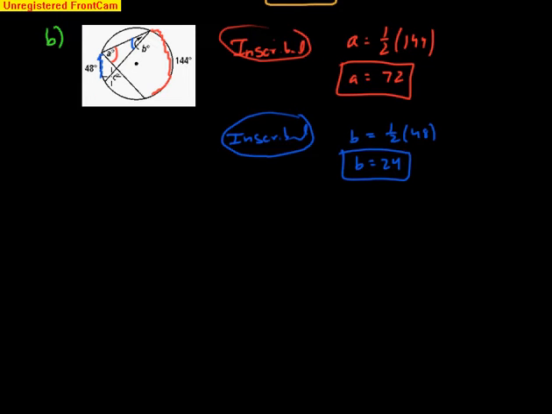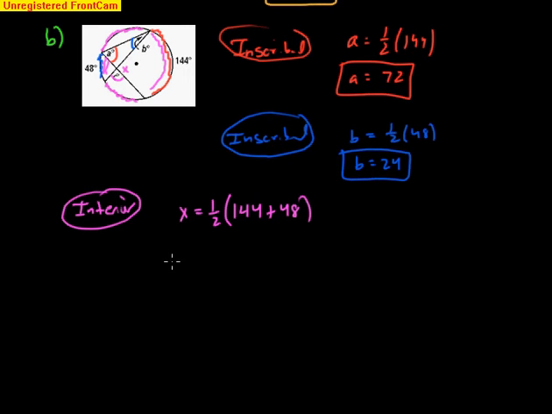And now C is the tricky one, because C is here. C is an interior angle. So it's going to be half the sum. But notice that for C, we would need this arc and its vertical arc, which we do not have. Let's call this angle x. We know x's arcs are 144 and 48. Let's find them first. X equals half the sum of its arc, 144, plus its vertical angle's arc, 48. And when you do this in your calculator, 144 plus 48 is 192, and half of 192 is 96.